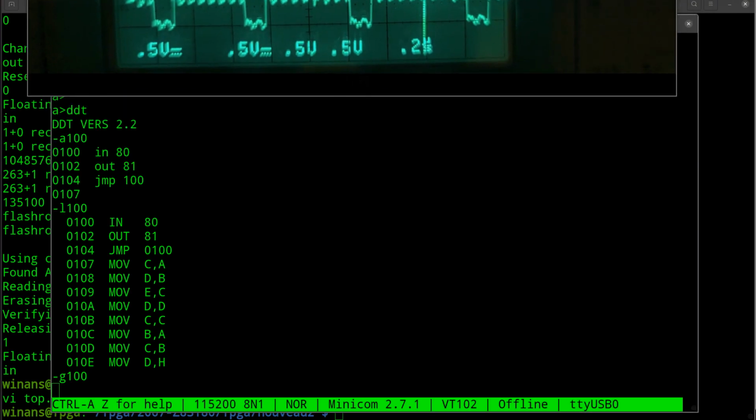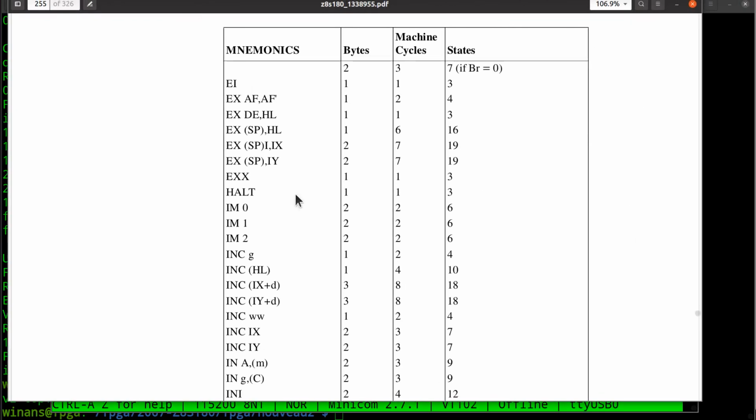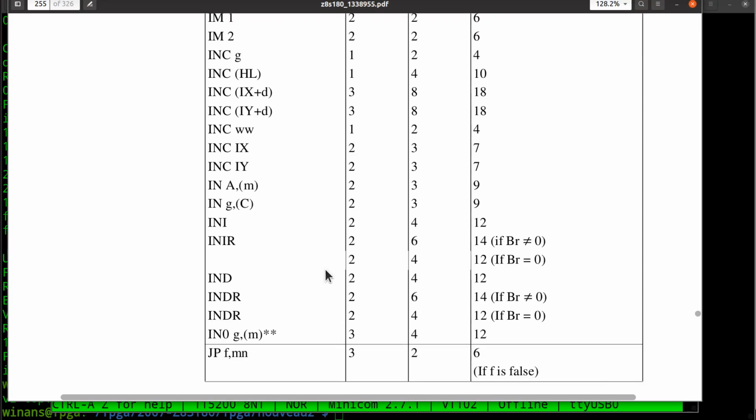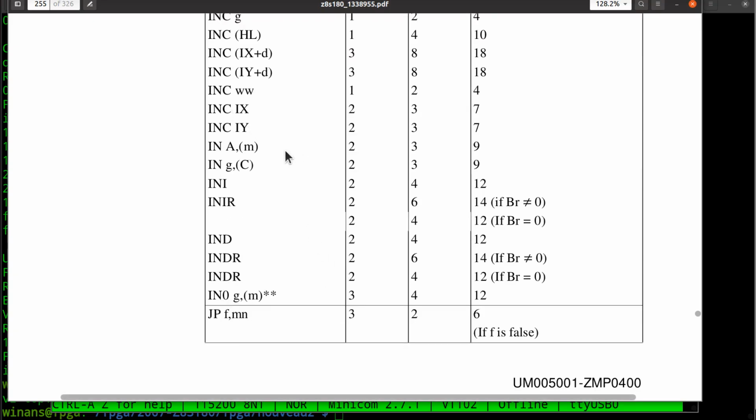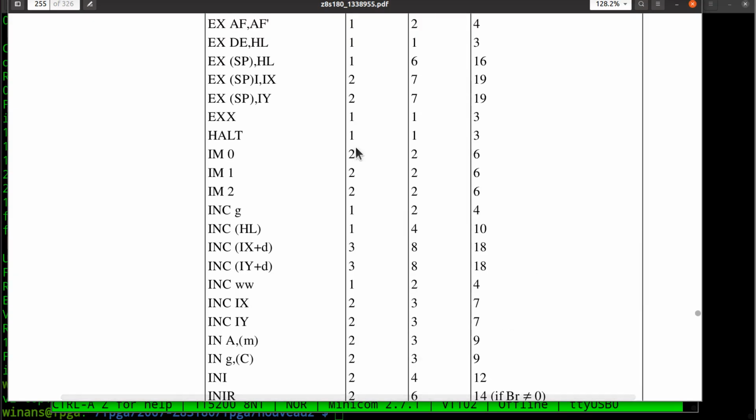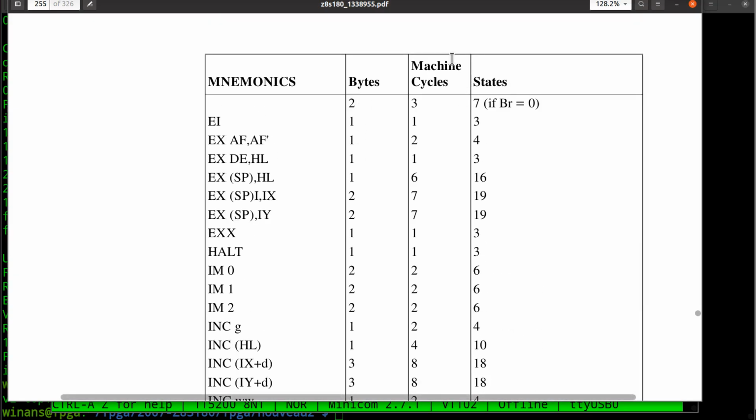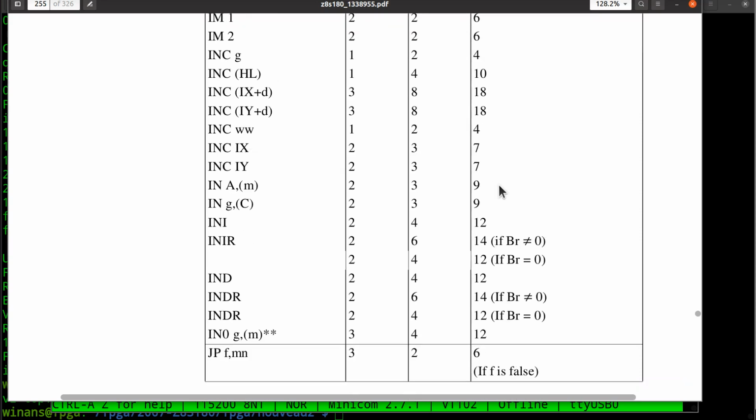Have a look-see at the documentation of the Z8S180 and find mass confusion setting in here. In order for an input operation to take place, we have a 2-byte instruction. So this is how many bytes the instruction, how many machine cycles there are, and how many T-states for the whole thing. Okay? This is just wrong. Can't be true.